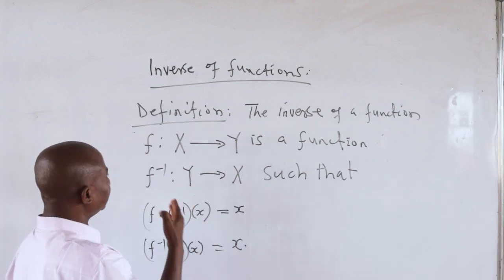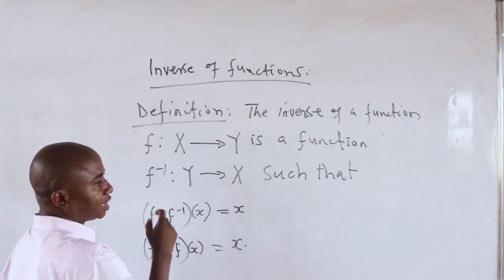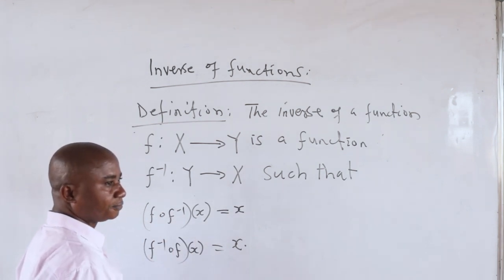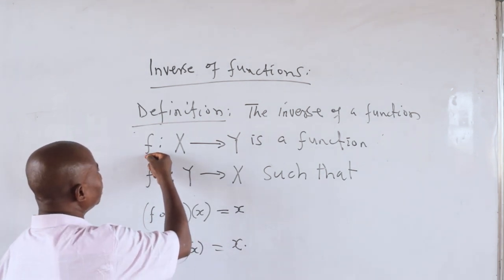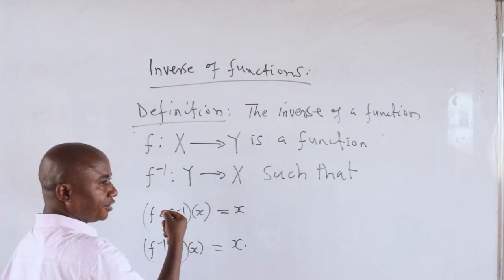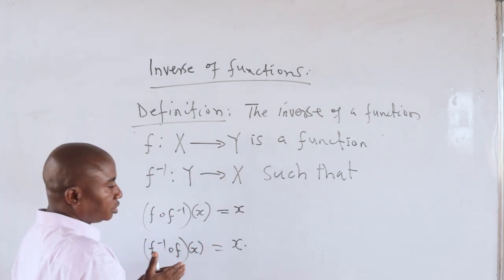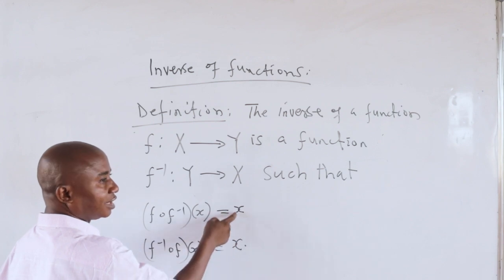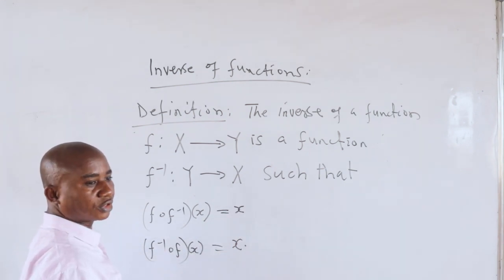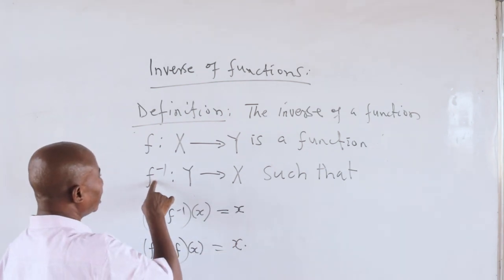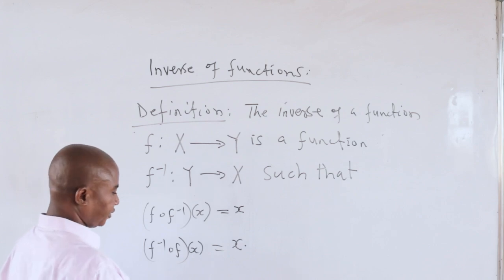All we can say is that the left inverse exists and the right inverse exists. But if both the left and right inverse exist and they are equal, that is, equal to x, then we say that that function has f⁻¹ as the inverse.